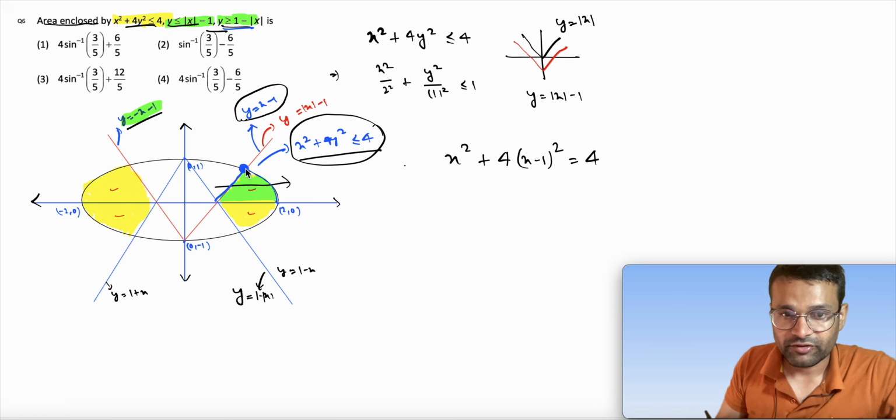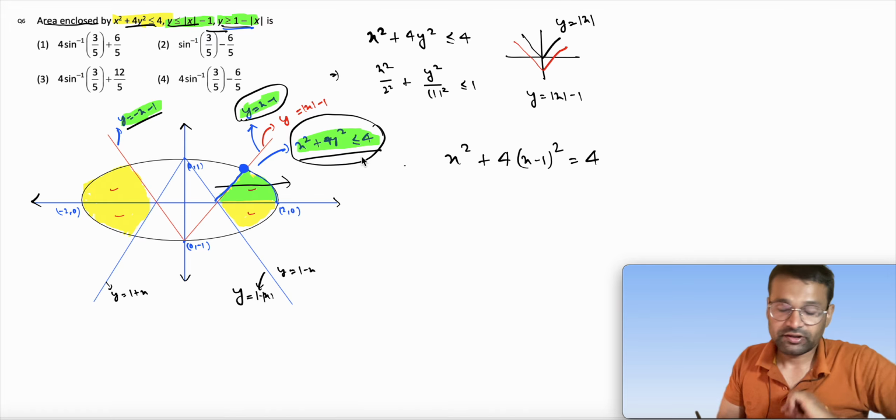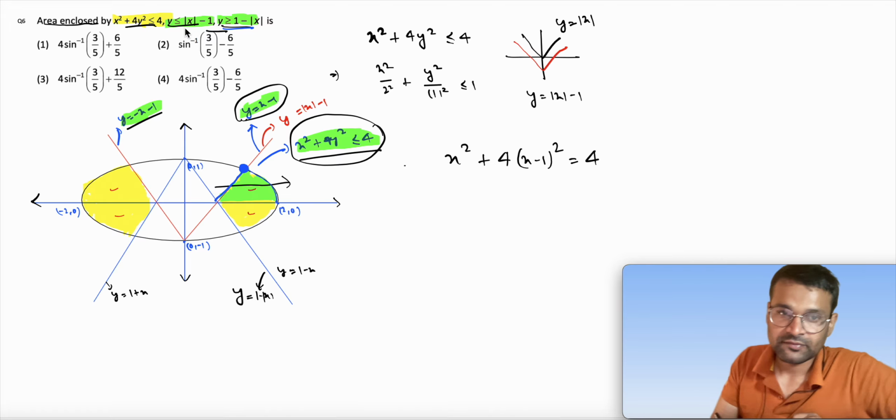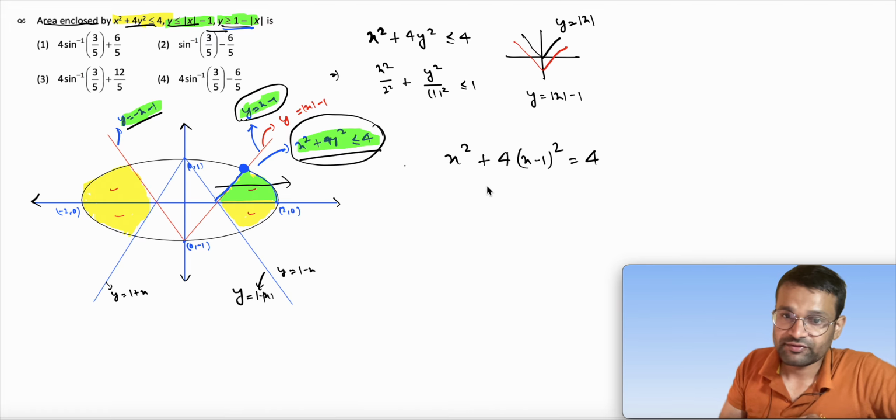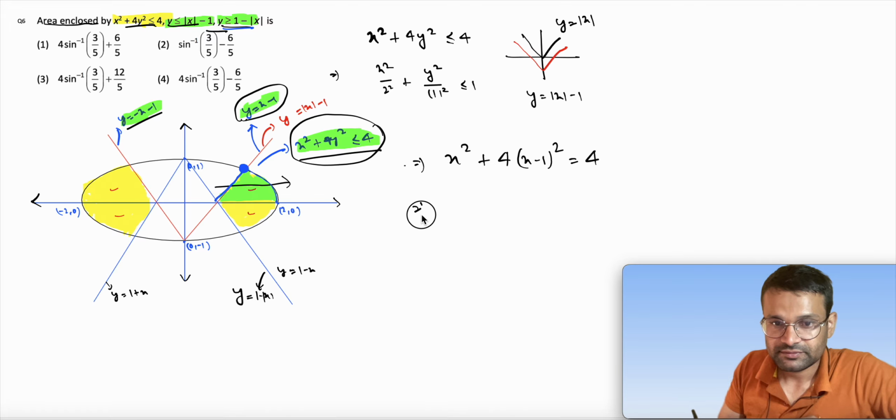We find the point of intersection between the line y = x - 1 and the curve x² + 4y² = 4. Okay, so to find the point of intersection, you must solve this equation.